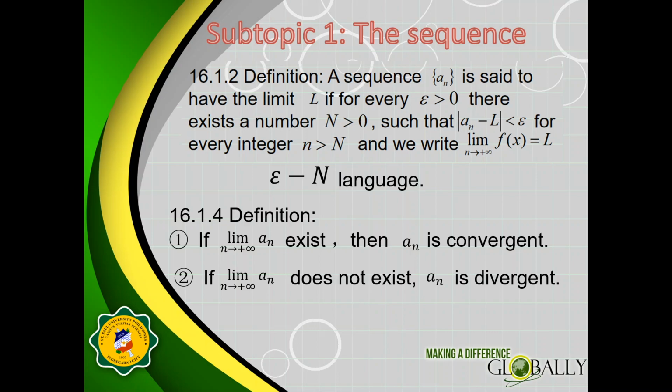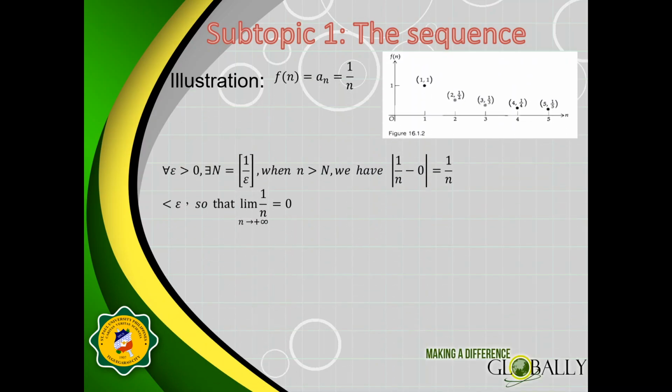If the limit does not exist, we say the sequence is divergent. Here's an illustration. We can use the definition to determine that the limit of the sequence is 0.